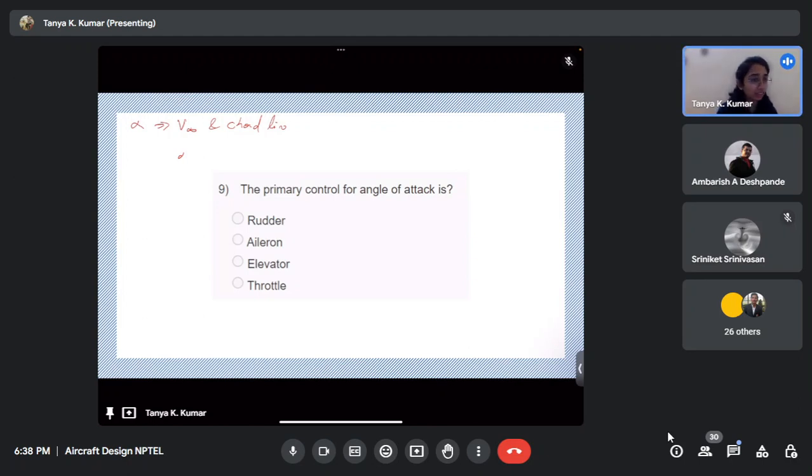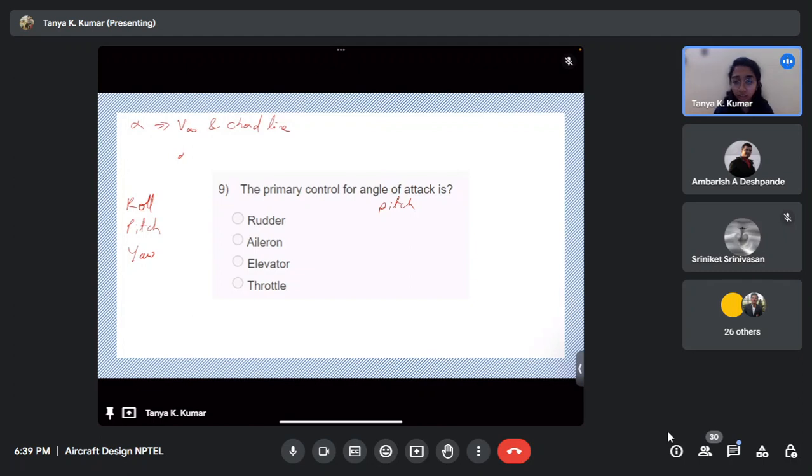We do effectively change the angle of attack, but it's not something that we can control. Angle of attack changes when the aircraft eventually pitches up and the relative direction of the velocity changes. But we don't control the angle of attack. We control the pitch. So the angles that we control are roll, pitch, and yaw. In this case, the elevator controls the pitch.